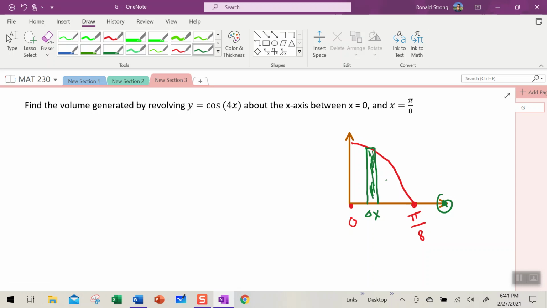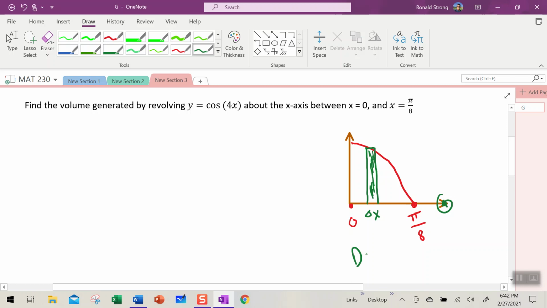Now, it didn't specify to use the disk method, cylindrical shells, or anything like that. But knowing what the graph looks like, looking at which axis we want to rotate it about, draw yourself a rectangle and come up with the method that would be the most efficient at accomplishing your objective, which is to find the volume. And so I'm going to use the disk method for this problem.